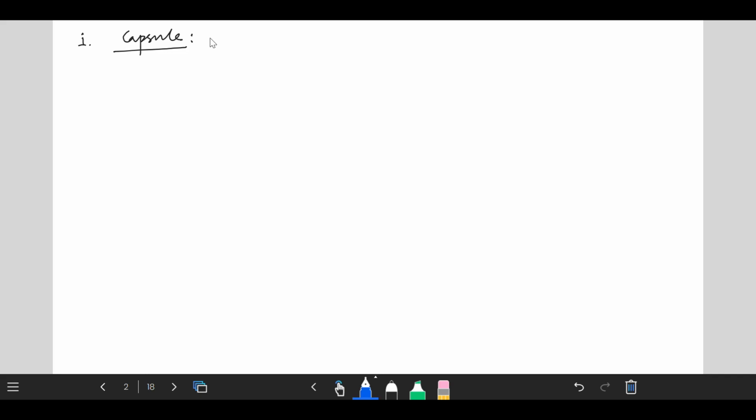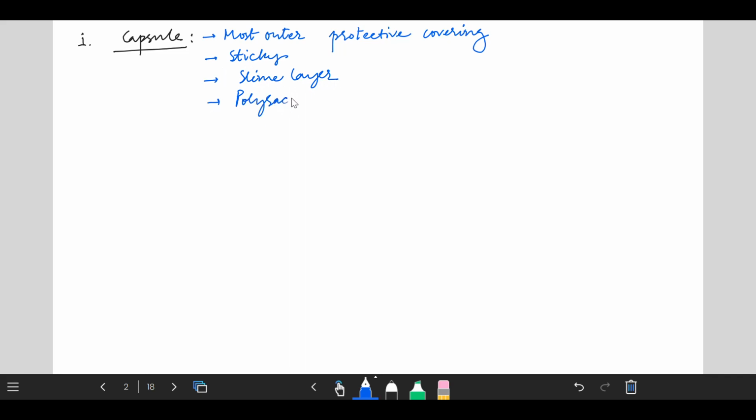It is mainly composed of polysaccharides, polypeptides, or it can be both.